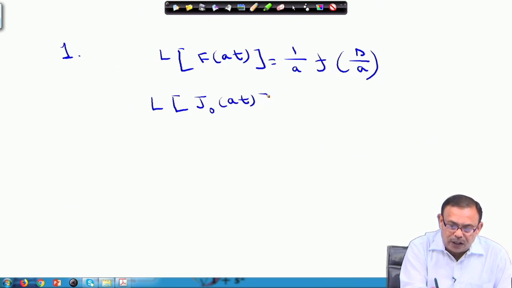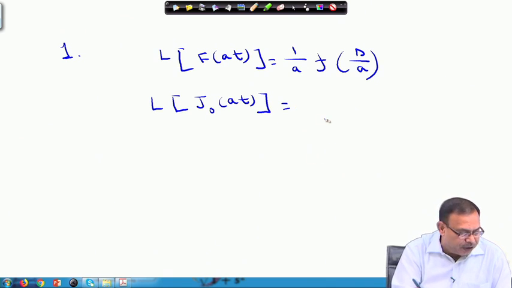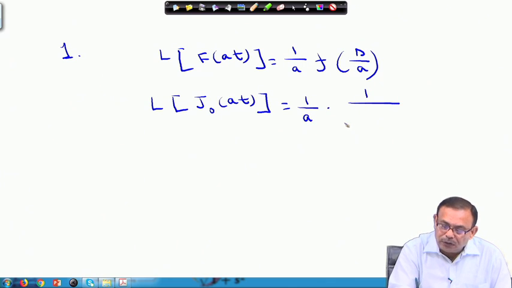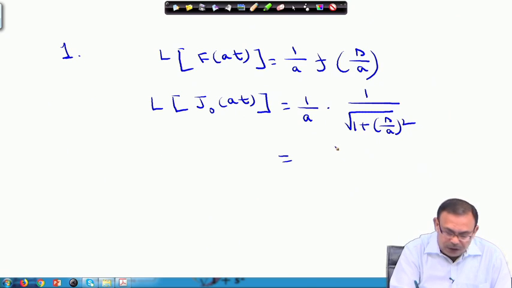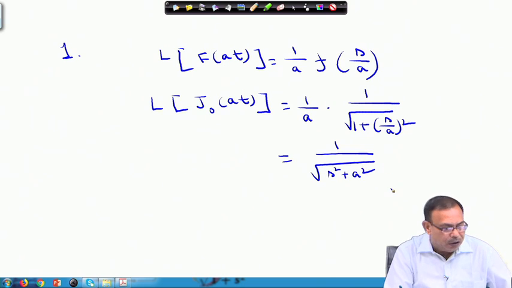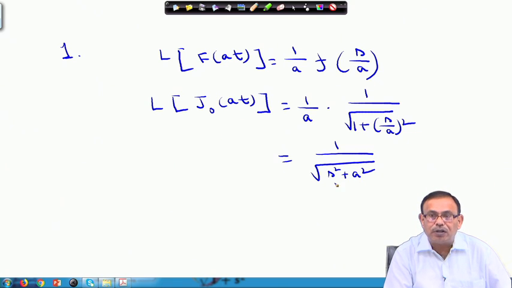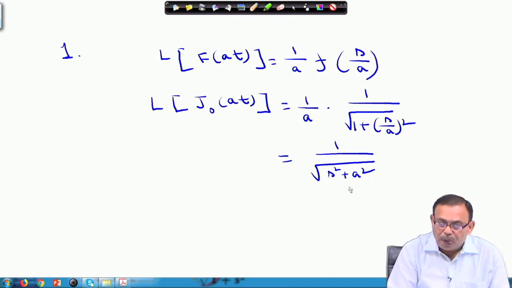From there directly I can write down the Laplace transform of J0(at), that is 1 by a into 1 by root over 1 plus (s by a) whole square, and if I simplify it, this will become 1 by root over s square plus a square. Therefore, the Laplace transform of J0(t) is 1 by root over 1 plus s square, and the Laplace transform of J0(at) is 1 by root over s square plus a square. So, I think it is clear.